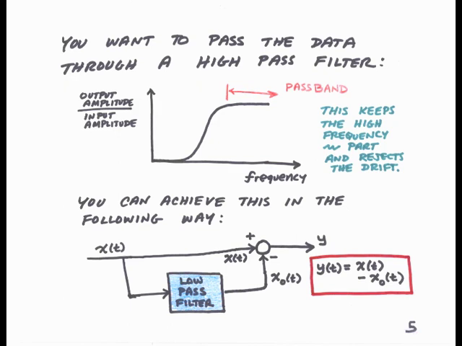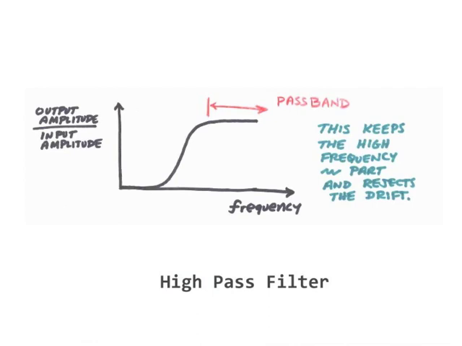So you want a filter that has a response versus frequency that looks like this. Again, we plot the ratio of the output amplitude to the input amplitude as a function of frequency. We show that the low frequency content is being rejected and the high frequency content is being passed.